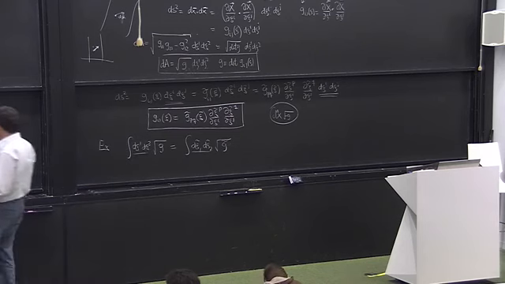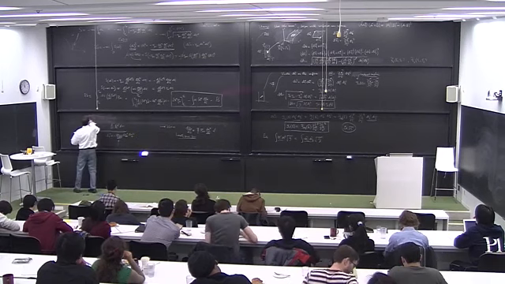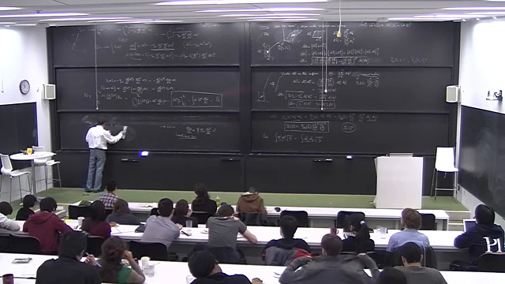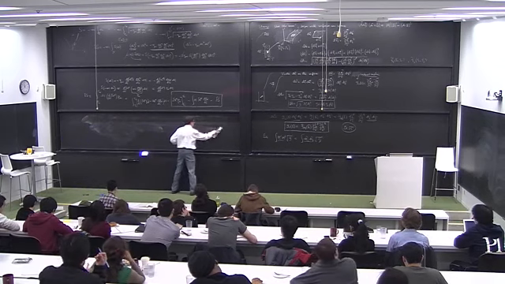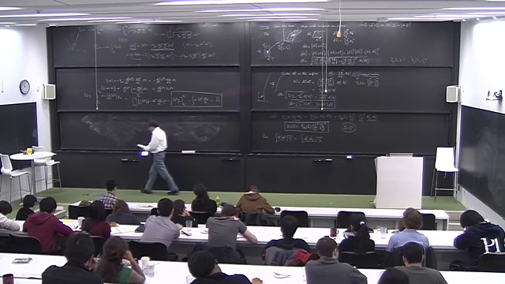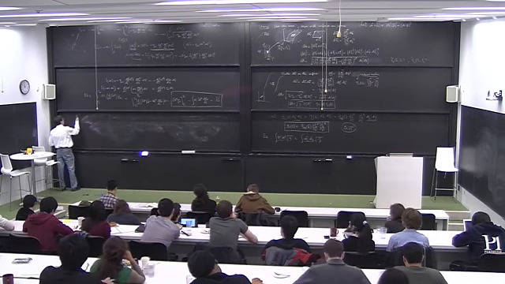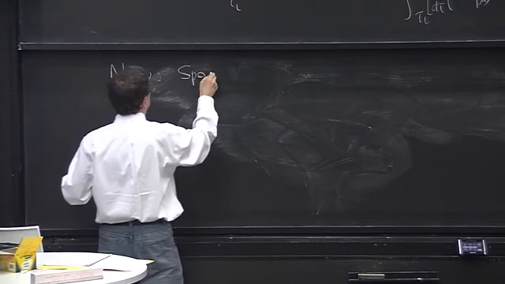So let me move on to the string. What happens now? Let's try to guess what we have to do. Now we're going to have a space-time surface.